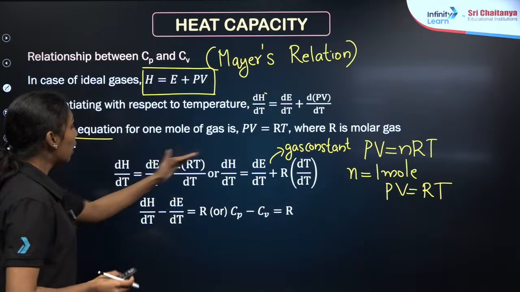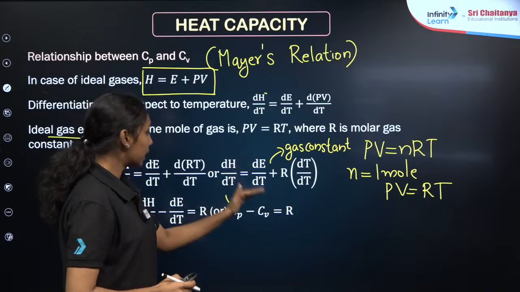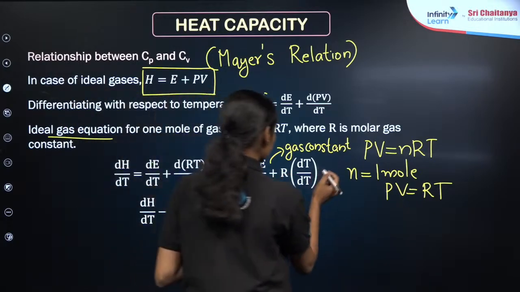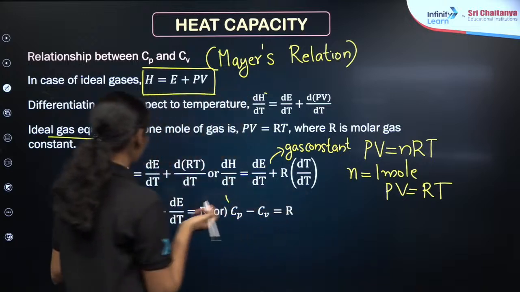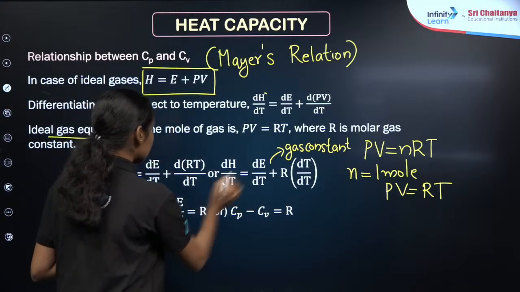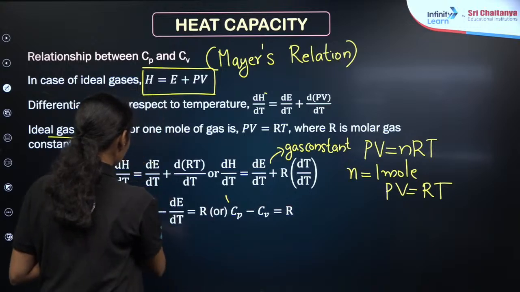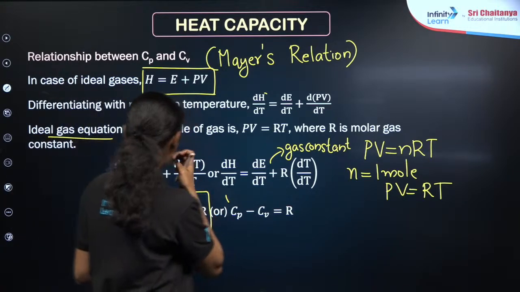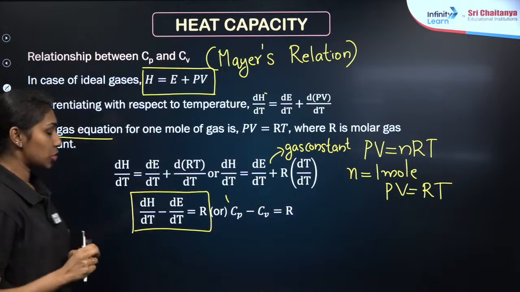It becomes dH by dT is equal to dE by dT plus R into dT by dT, which will become 1. So I can say dH by dT minus dE by dT is equal to R. Clear?